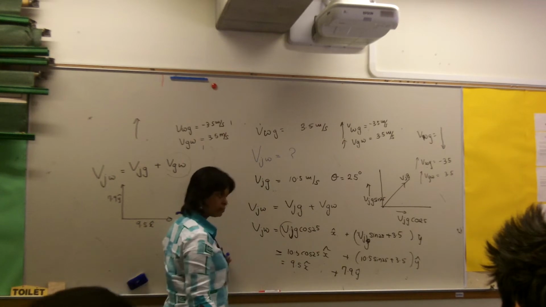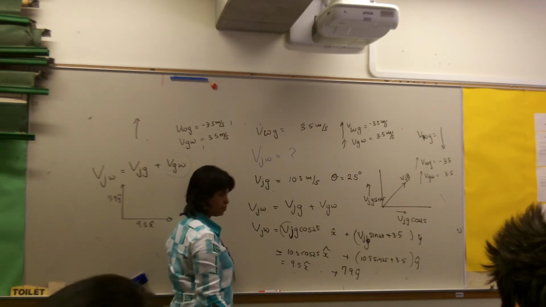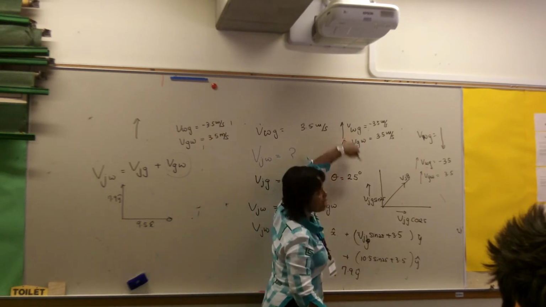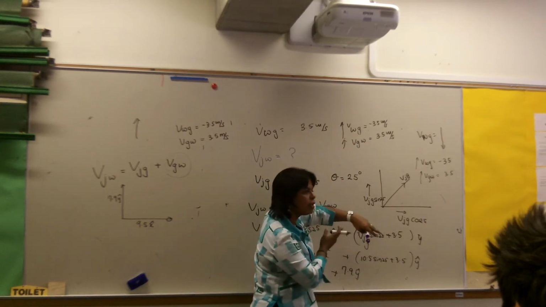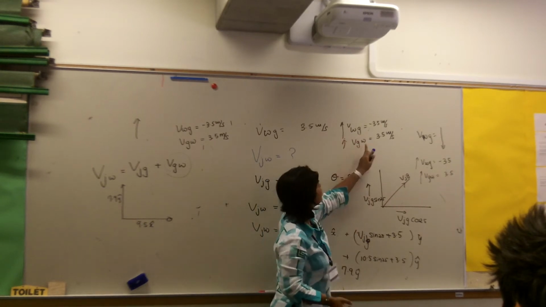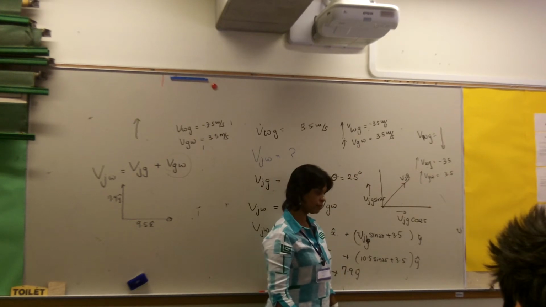Now JG, you broke it into X and Y components, right? But what about GW? We can't because it goes downwards, right? So you made it into WG, right? WG is given, but we made it GW, 3.5, but that's considered only a Y component.